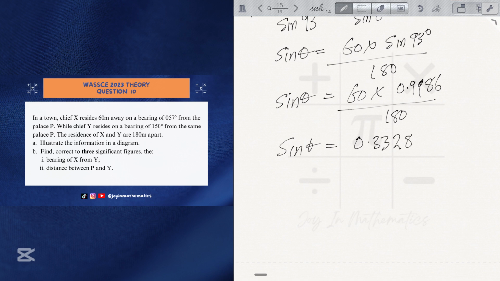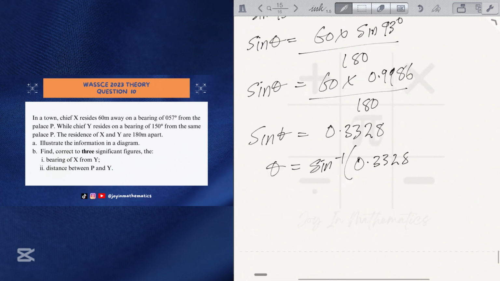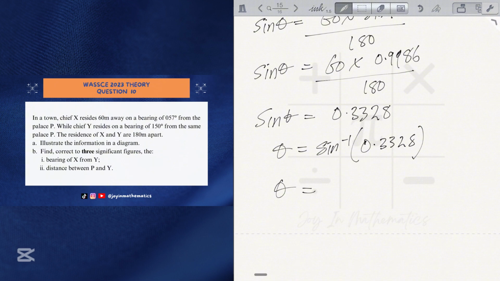Just as we have learned in trigonometry, we take the inverse sine, or arc sine, to give us theta. So theta is equal to 19.44 degrees.